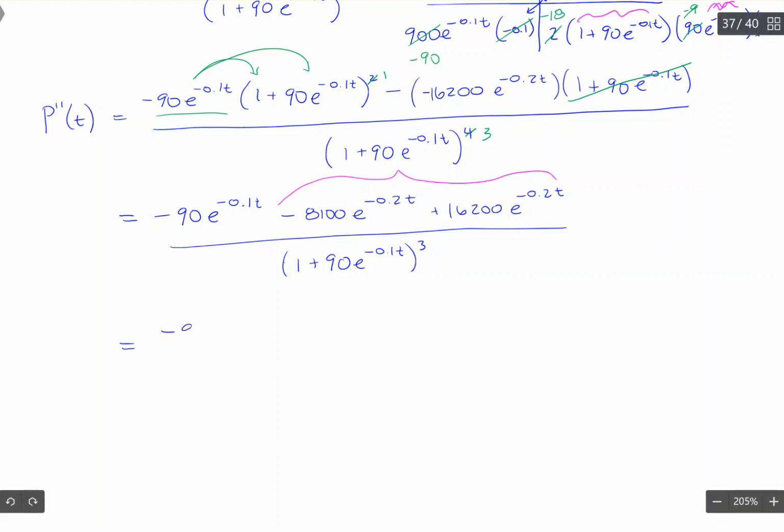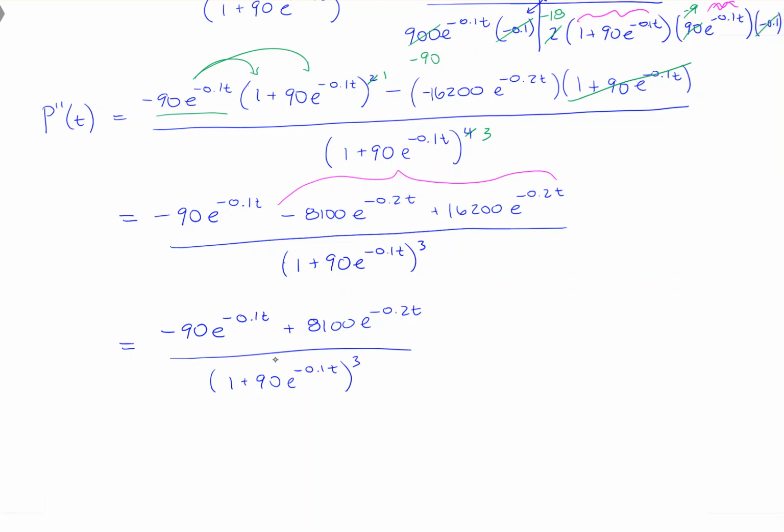So now I have negative 90 e to the negative 0.1t plus 8100 e to the negative 0.2t all over that denominator cubed.